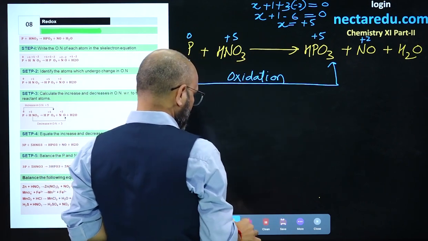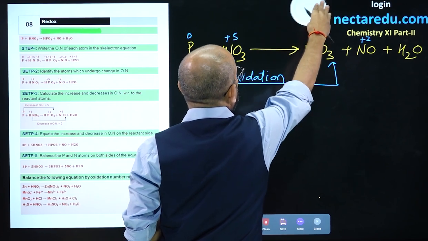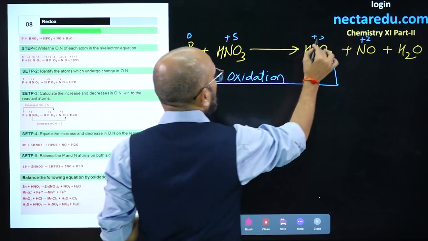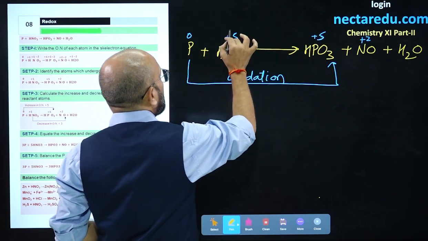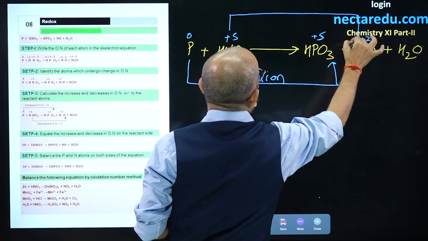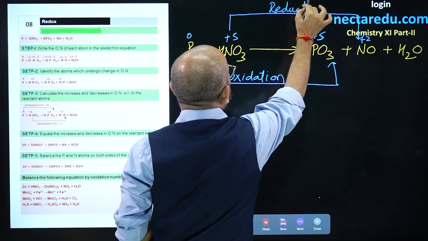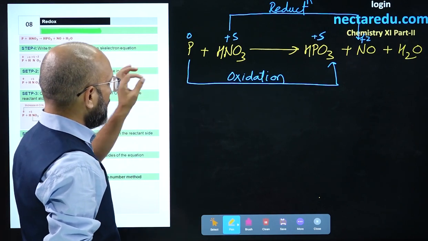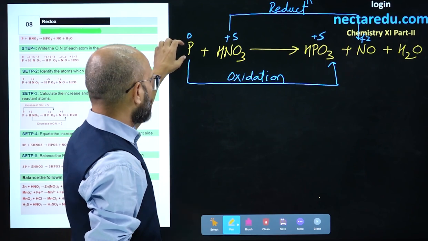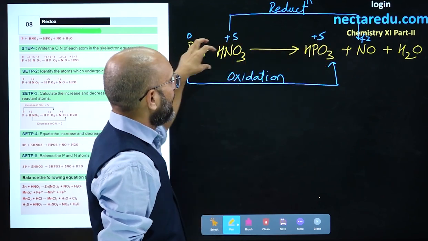The decrease in oxidation number is happening, so this is basically reduction.